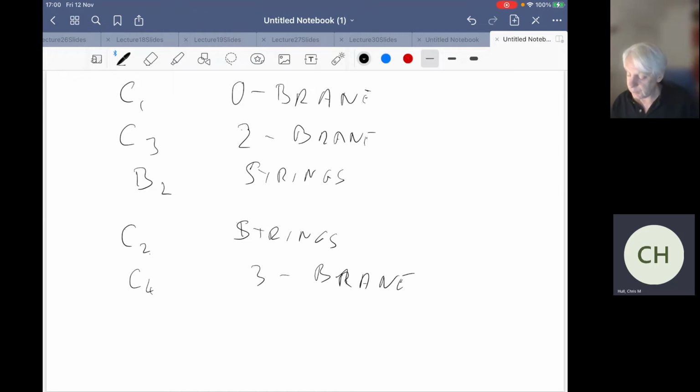Now these fields C1, C2, C3, C2, and C4 are all fields in the Ramond sector, and the branes which couple to these are in fact D branes. So they're realized in string theory as these objects which provide generalized boundary conditions for the string, which have been talked about in one of the other lectures in this Lonti series. So these give the D0, D2, a D1 brane and a D3 brane.